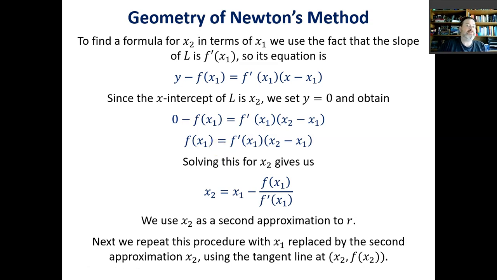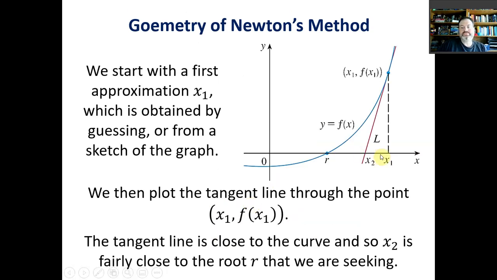So we have a function that gives us the next x coordinate based on the previous x coordinate. And it's this. As long as x2 is closer to r than x1, if we repeat this process, it'll work. So let's go back and look at that again. We start at x1, go up to here.